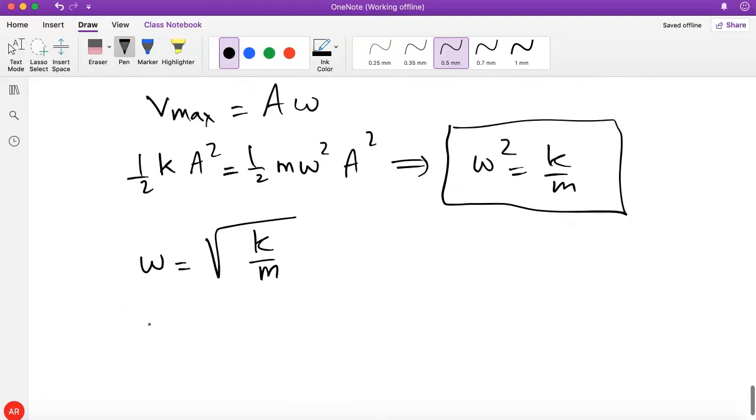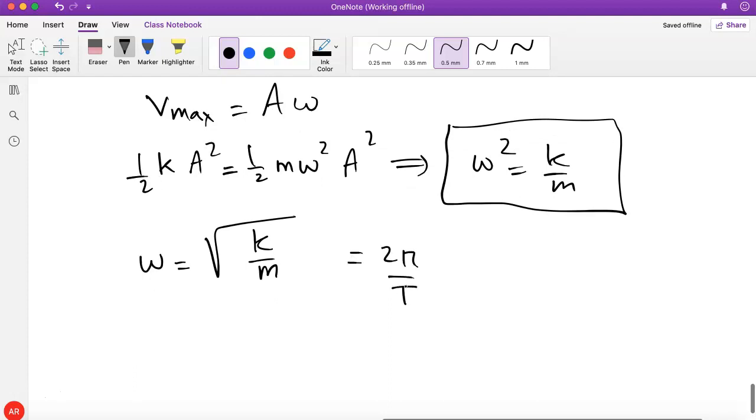And omega, as you remember, is 2 pi over T, right? So when omega is large, it means you have a lot of cycles in 1 second. So the time of one cycle is small. Things are moving faster, right? And it makes sense that if the mass gets larger, you have more inertia, so you're going to get smaller accelerations for the same forces, and that slows down this type of dynamics.